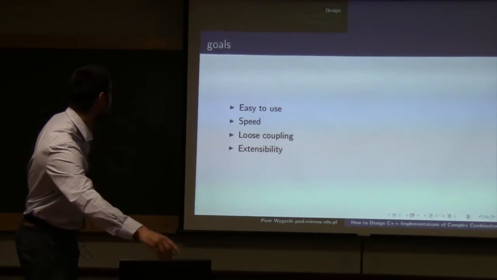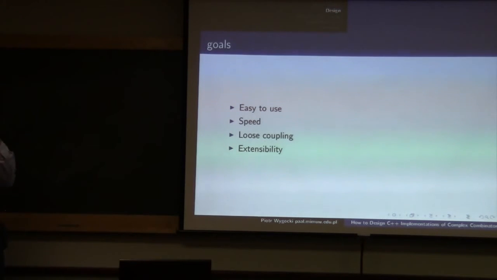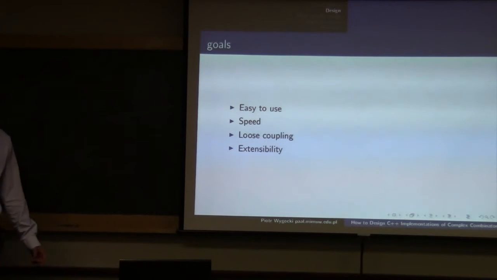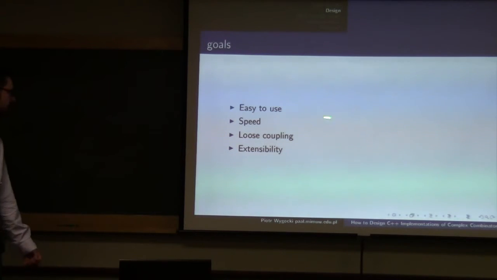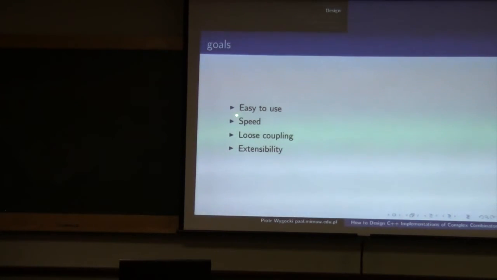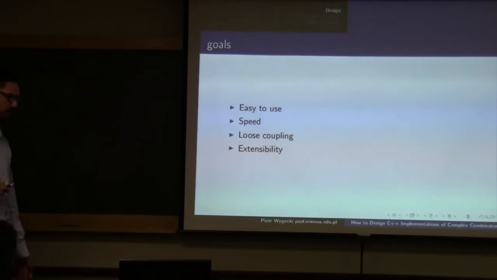So now we are going to design our library. Here are our main goals. It's supposed to be easy to use. That's kind of obvious. If someone decided to program it in C++, he cares about efficiency for sure. So it's supposed to be efficient.